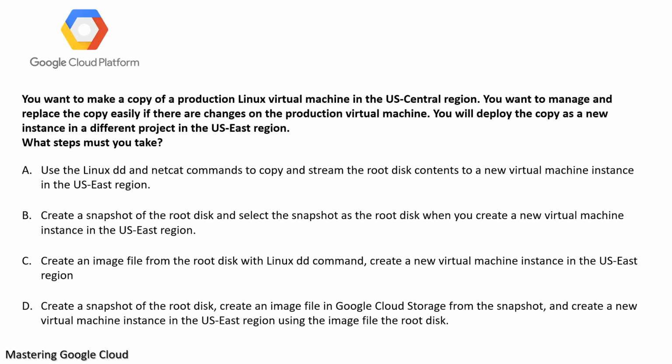We have just covered how to move the instance to a different region, and understanding that concept, you know that answer D is the right one, where you create a snapshot of the root disk, create an image file in Google Cloud Storage from the snapshot, and create a new virtual machine instance in the US East region using the image file of the root disk.